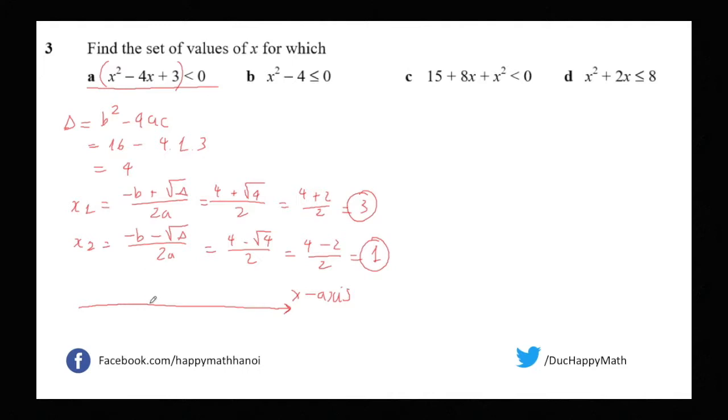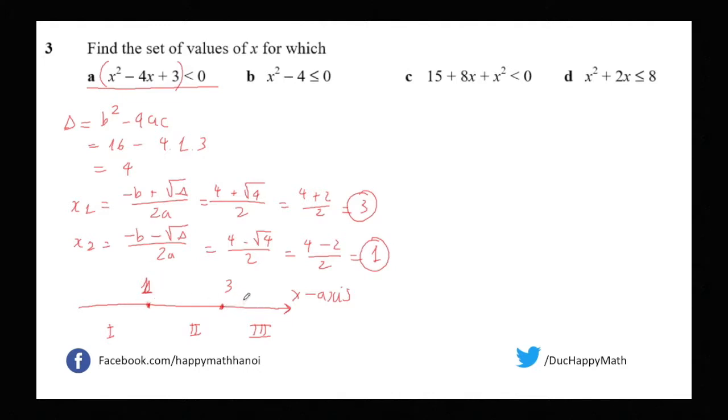So the first value I put here is 1 and the second one is 3, because 3 is greater than 1, so 1 is placed on the left hand side of 3. After that, from these 2 points we divide the x-axis into 3 parts: part 1, part 2, and part 3. The sign of this inequality will be divided into these 3 parts.